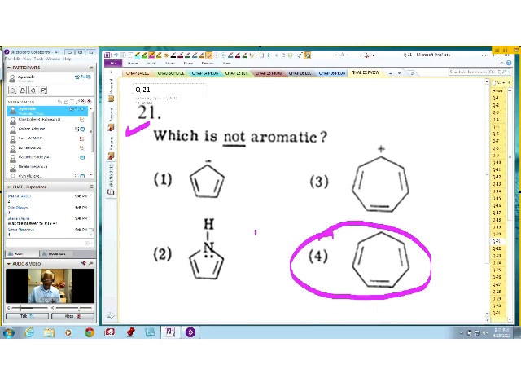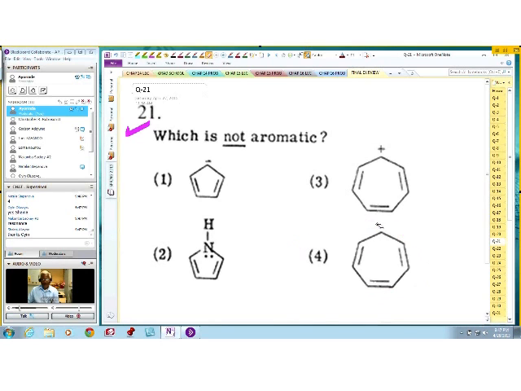The answer is number 4. Okay. Now, why number 4? That is correct. Why number 4? Natalia, why number 4? You could pick up the mic. This is because of pi electrons, so it does not match with Huckel's rule. Well, no, not Huckel's. It's because you do have 6 pi electrons here.